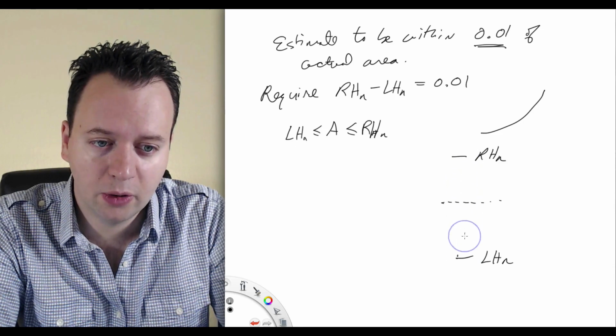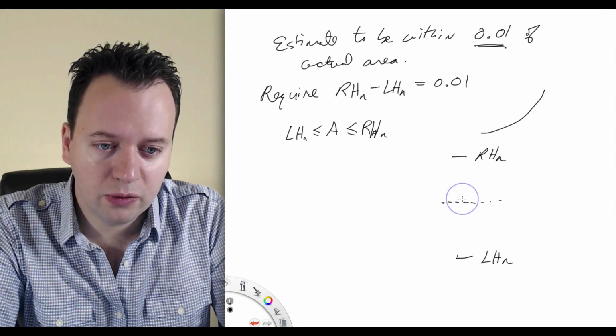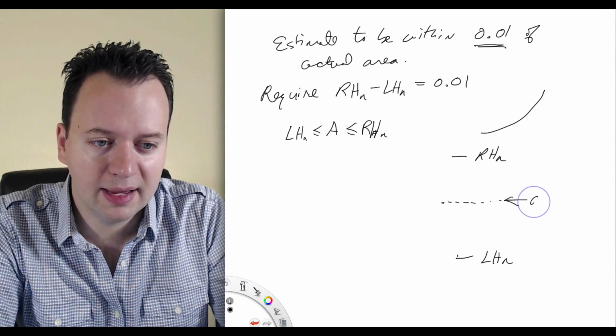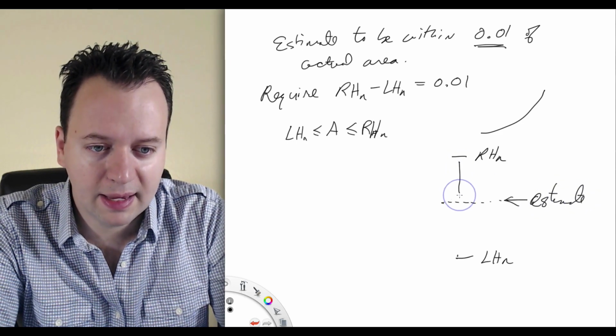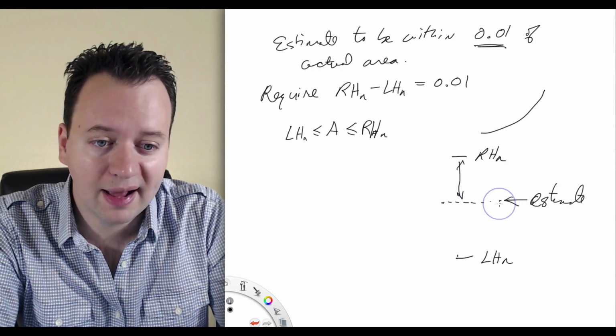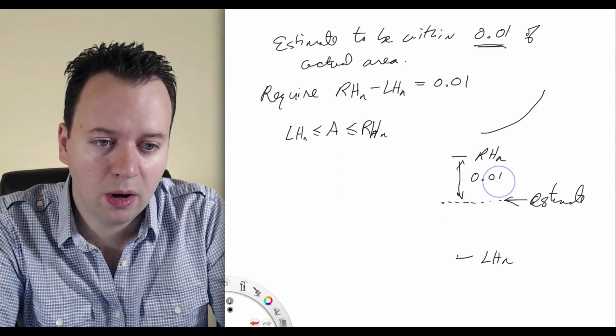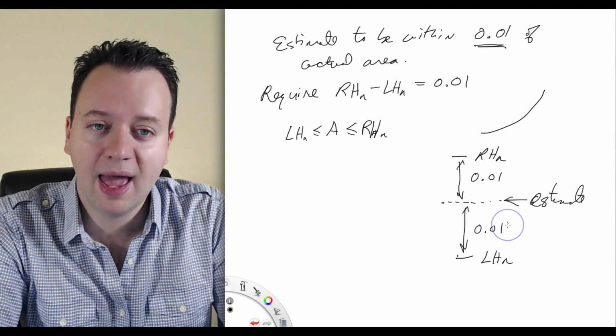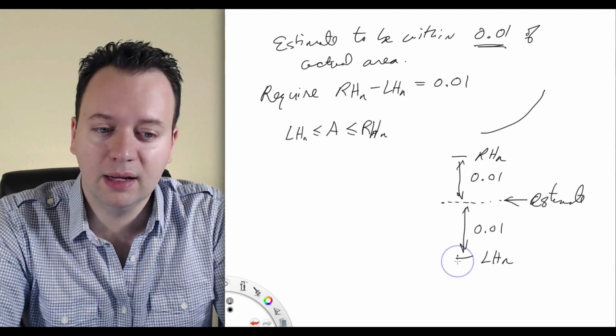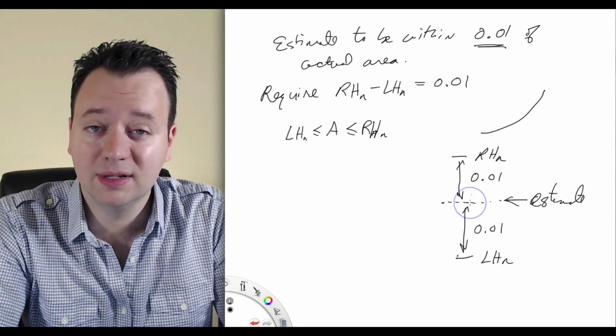The true area is somewhere within here. So if you use this midpoint as your estimate, that will guarantee, and you want your estimate to be within 0.01, you can actually probably choose n so that the distance between the right hand and the left hand Riemann sum is 0.02.